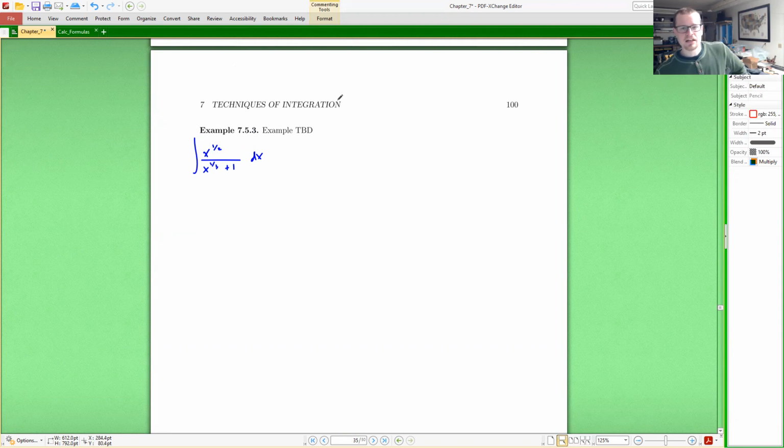Sometimes you would come across the scenario where you have something like x to the 1/4 plus 2x to the 1/2 plus 1 is equal to 0. They would have you solve equations like this. How can you solve this?